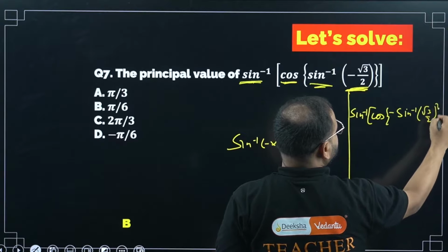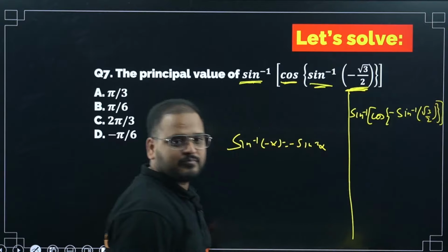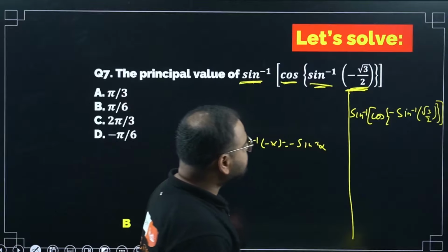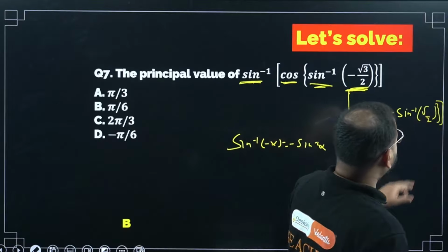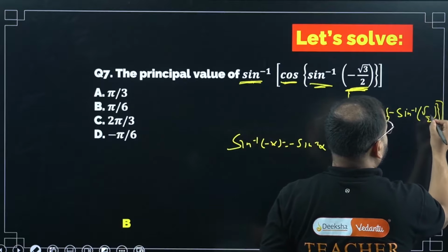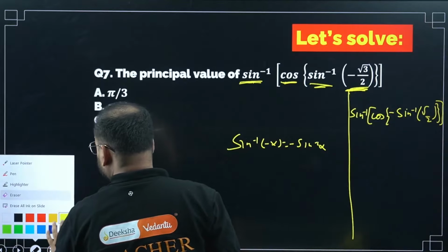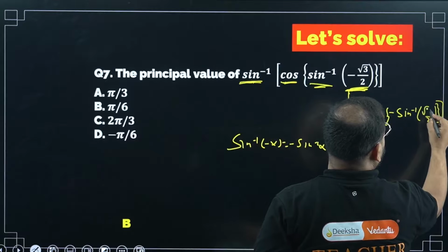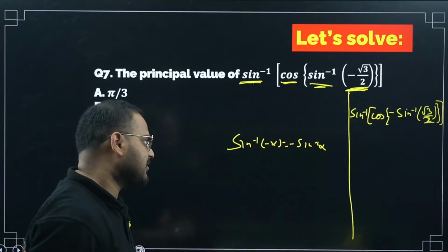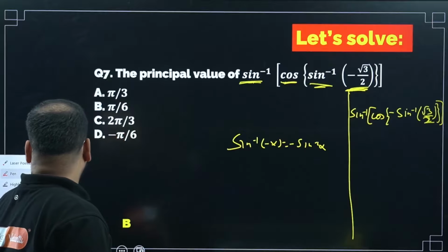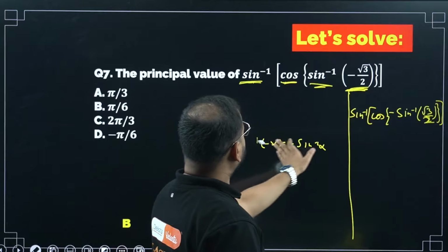First bracket, second bracket, and third bracket. I hope this is clear now. Visible? Sir, 3 is not visible. This is 3 here, okay? Root 3 by 2 is given in the question, nothing I am doing. So this rule we have already used. Let's erase this for now.